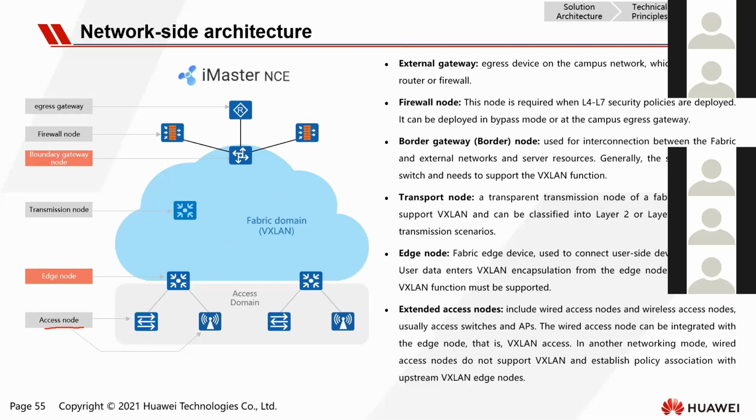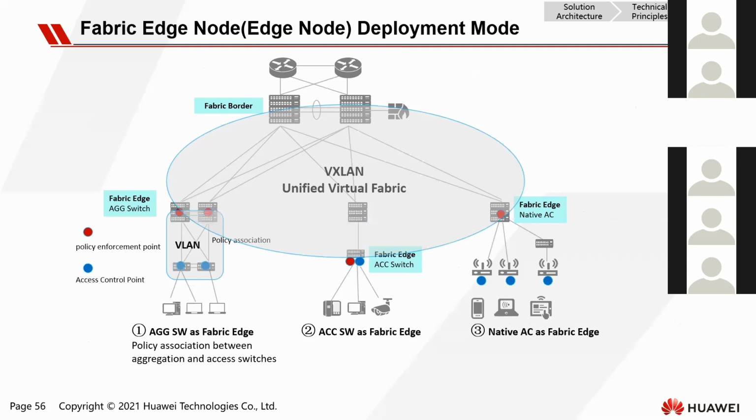Let's continue. These are the different deployment modes for the edge. Basically, there are different ways we can deploy the edge. The first way is to deploy the edge on our aggregation switch, and we have our border at the core switch. Another way is to have our fabric edge at our access switch.